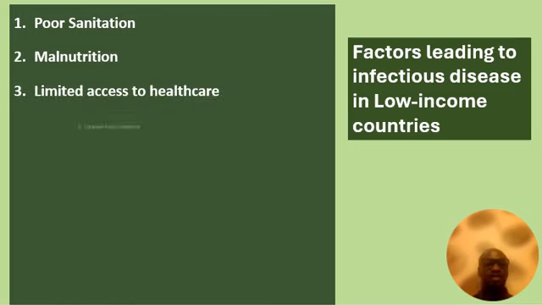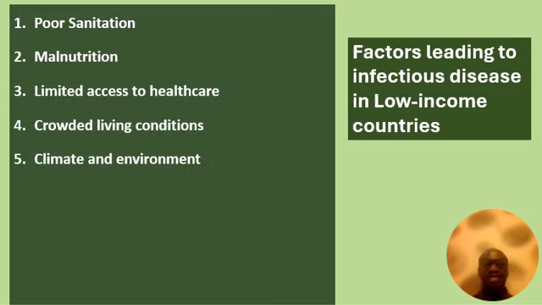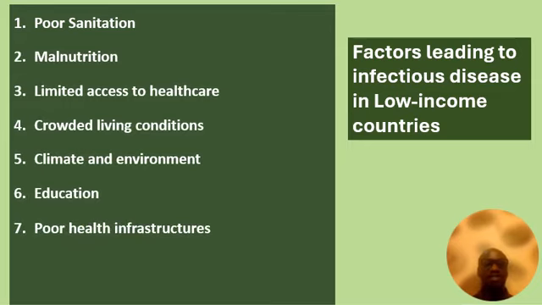We have poor sanitation, malnutrition, limited access to healthcare, crowded living conditions, climate, environment, education, poor health infrastructures, and inadequate vaccination coverage. Now, for poor sanitation, lack of access to safe drinking water and proper sanitation facilities and good hygiene can lead to the spread of infectious diseases.